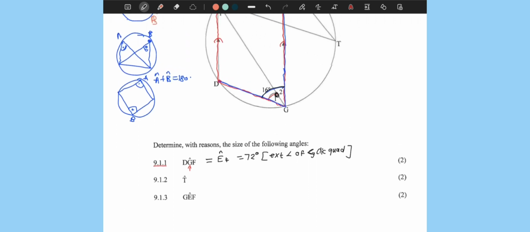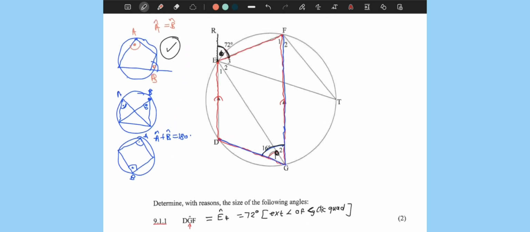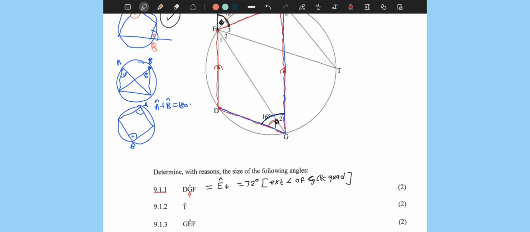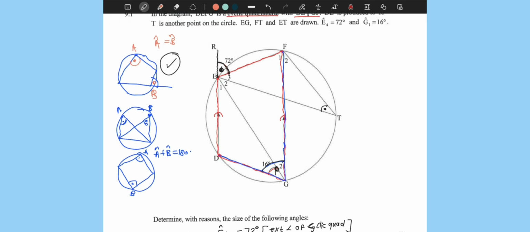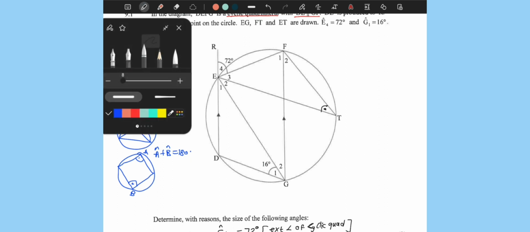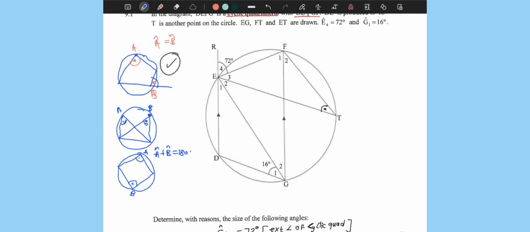They want us to find the angle T. Let's go and check which angle T it is. This is the angle T here. They need us to find this angle T. I'm going to remove everything here because I need to highlight again. Look at this.